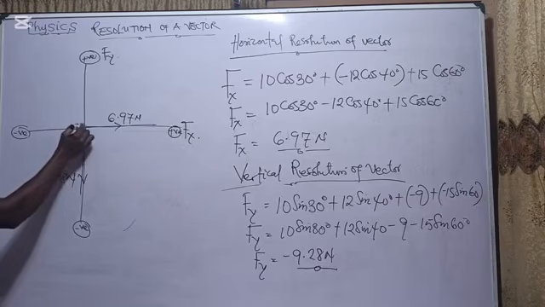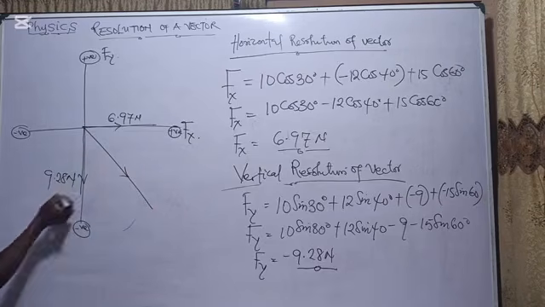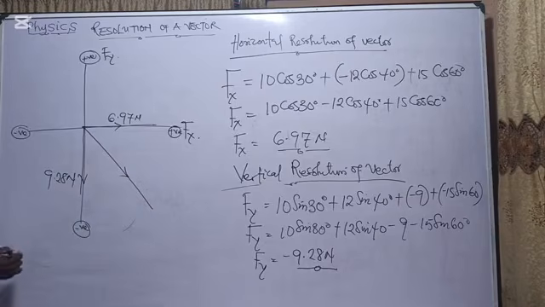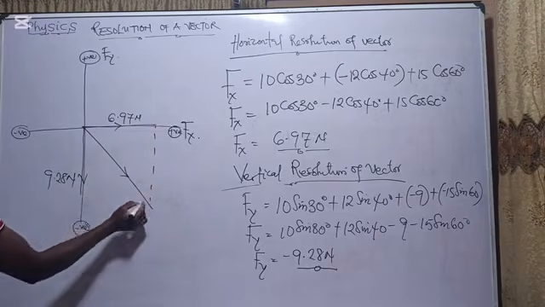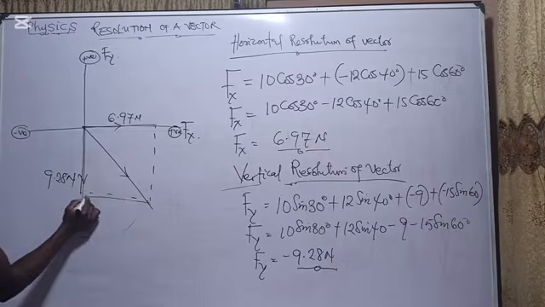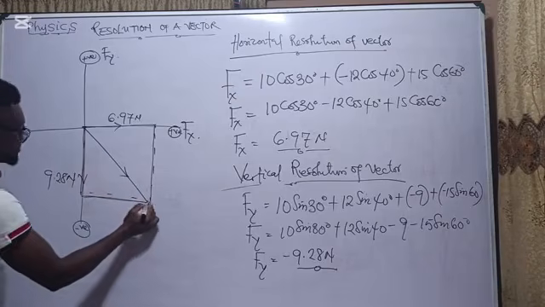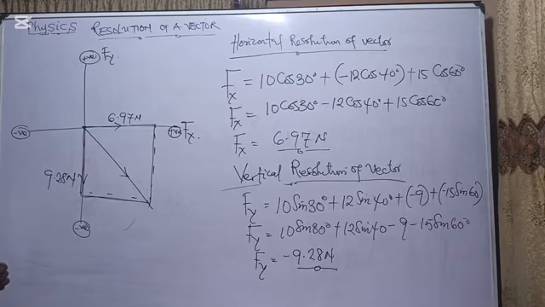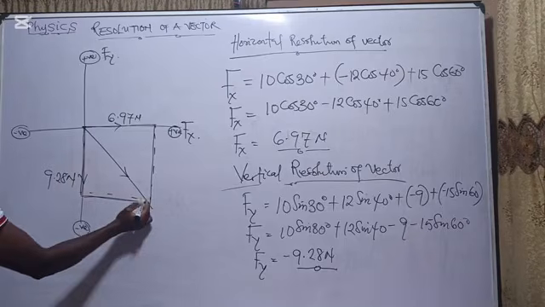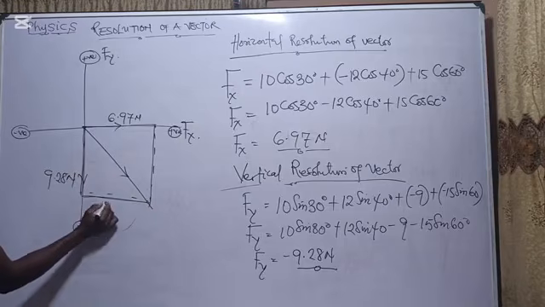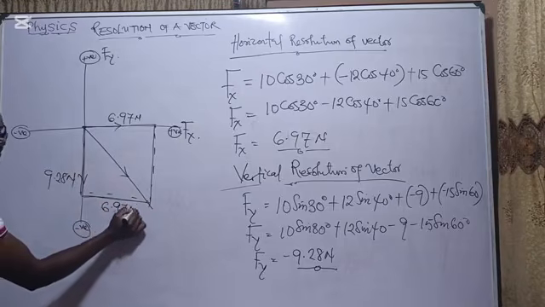So in order to get the resultant, we take the resultant vector. Okay? Now, take the rectangular part. We are going to have this. Now, we can use this very triangle here. So if you are using this triangle here, this very side is also equal to here, which is 6.97 Newton, right?